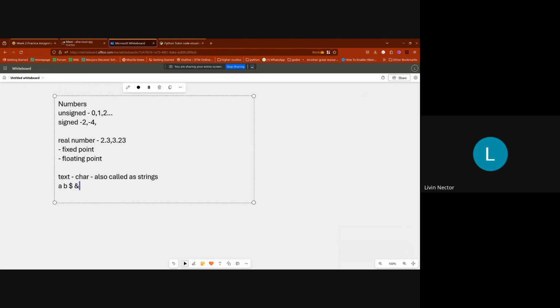Space is also a character. So this text is a group of characters.